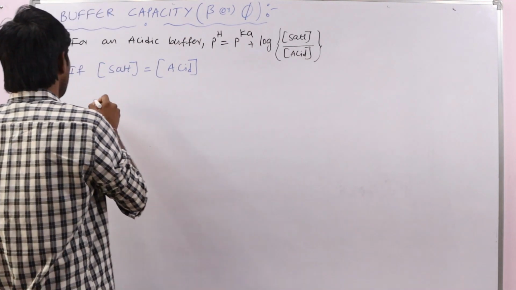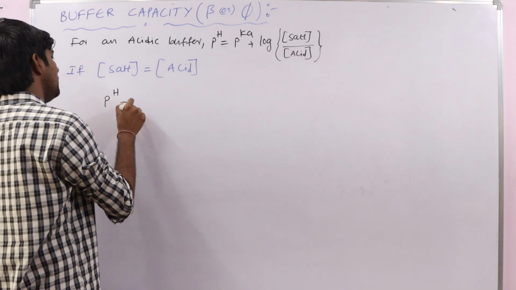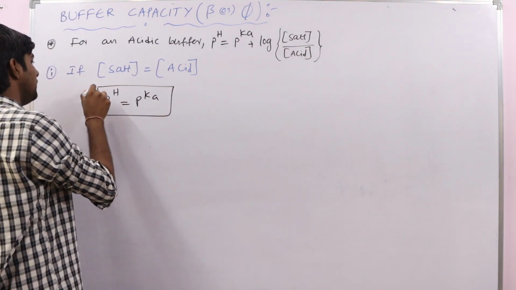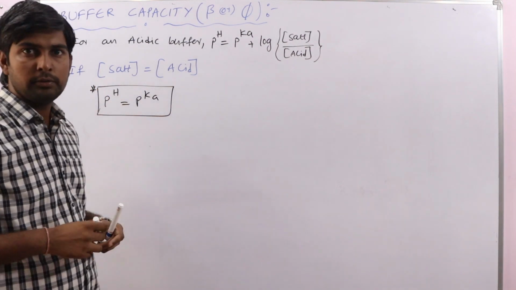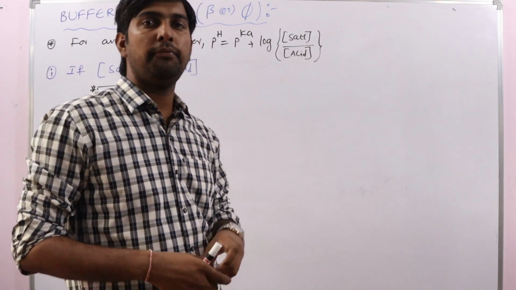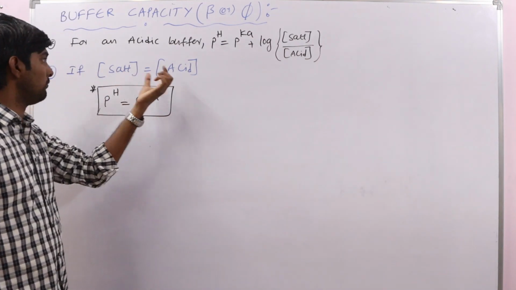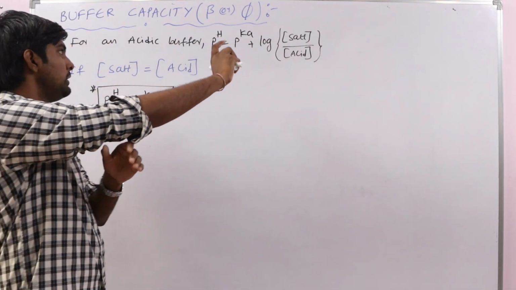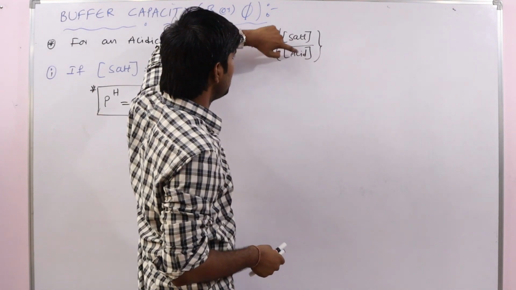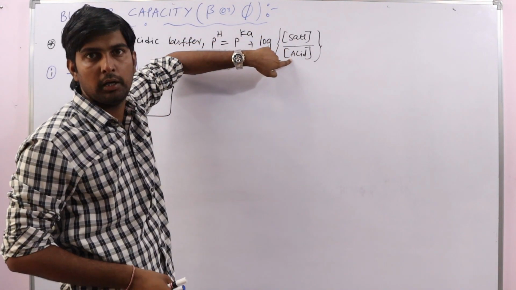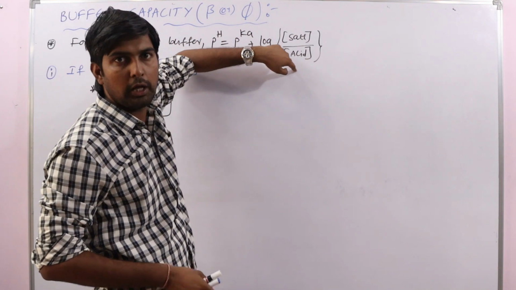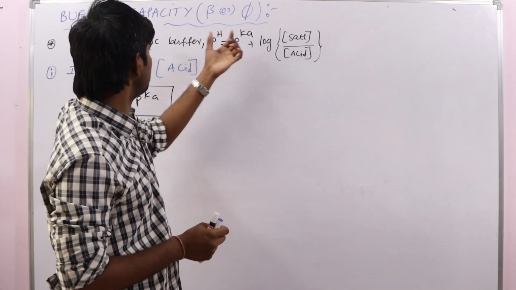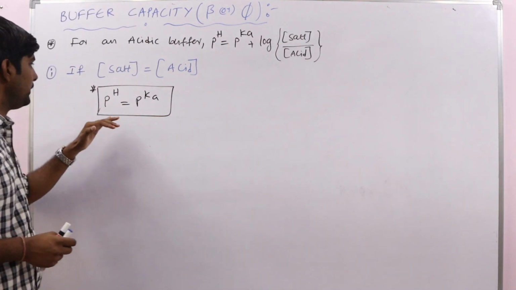Then we get pH equal to pKa. So in a buffer solution, if the concentration of salt equals the concentration of the weak acid present, suppose 1 molar and 1 molar, or 2 molar and 2 molar, the 2 will get cancelled, then we have log 1 equal to 0, so we get pH equal to pKa.